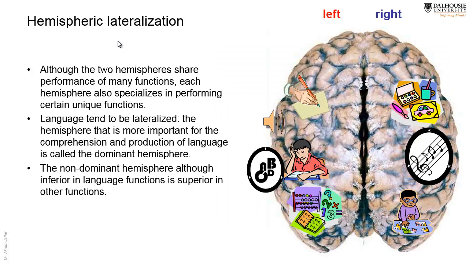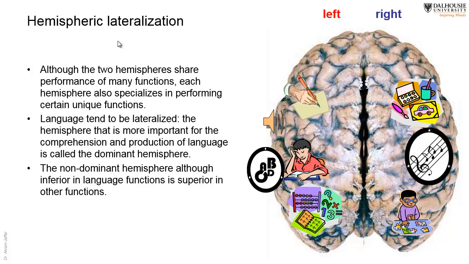The last slide is to concentrate on hemispheric lateralization. As I mentioned, we say that one cerebral hemisphere is dominant and the other is non-dominant. This might give you the impression that the dominant hemisphere is the intelligent one, and the non-dominant hemisphere is the dumb one.